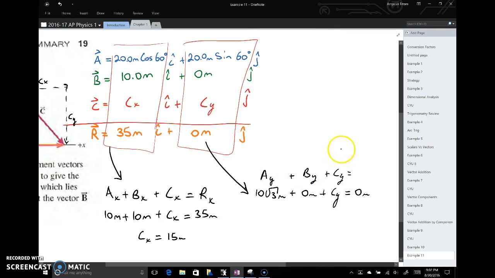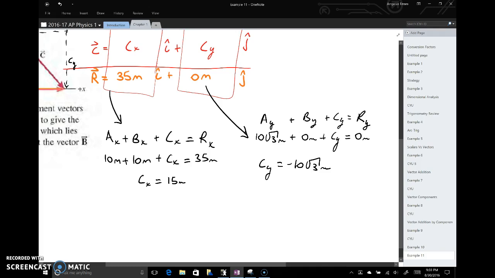Let's write this out for clarity. Okay, so it looks like cy needs to be negative 10 root 3 meters. So now we know what c is. 15 meters i hat minus 10 root 3 meters j hat.